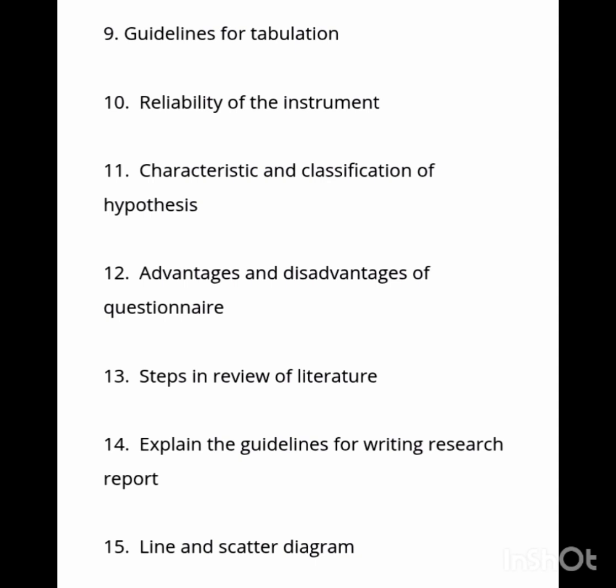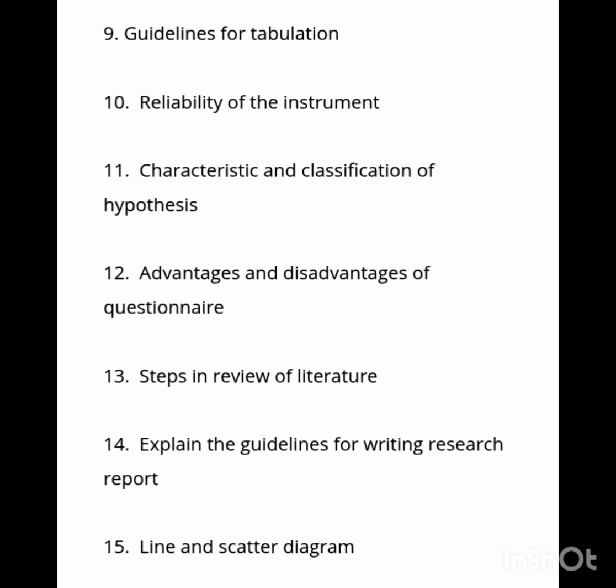So in this you need to mention the structure of research report also. So the structure of research report includes the title page, abstract, introduction, methodology, results, discussion and conclusion.